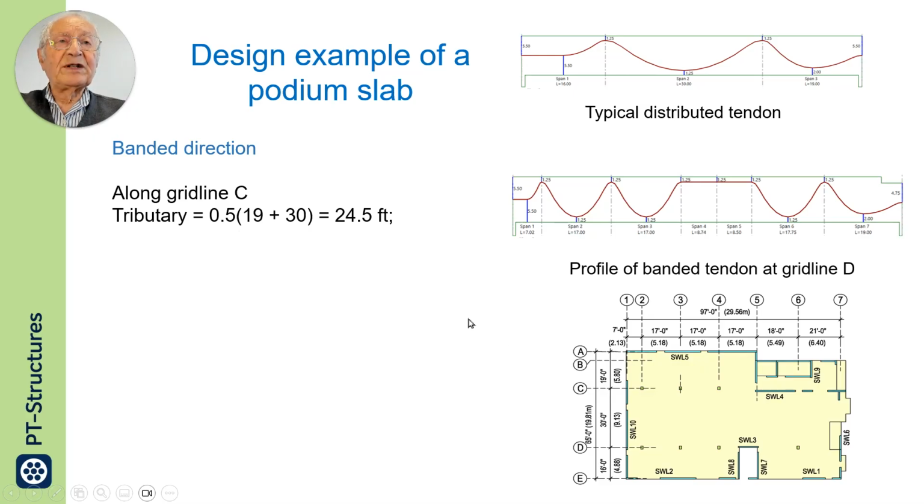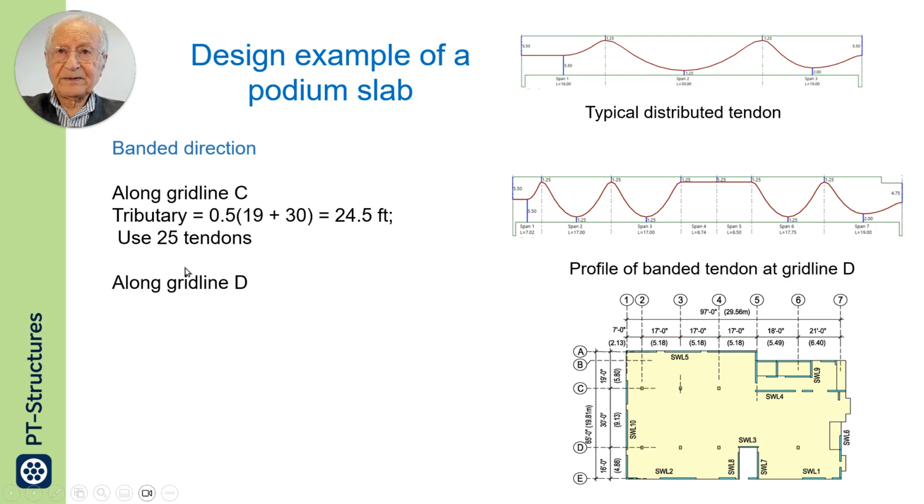To determine the number of strands in the banded direction, I calculate the tributary of it. The tributary of it is 24.5 feet. I assume for ease of calculation 25 feet.